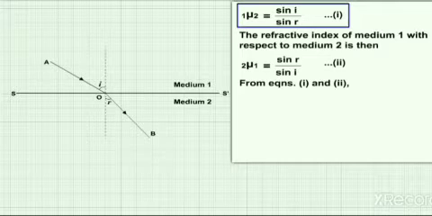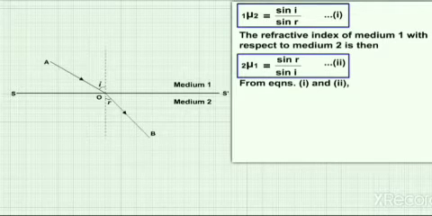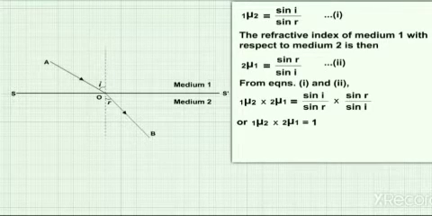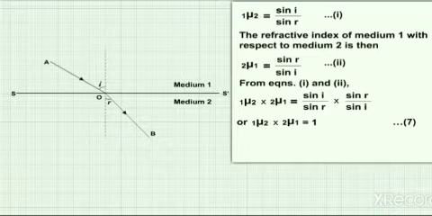From equations first and second, mu21 into mu12 is equal to sine I upon sine R into sine R upon sine I, or mu21 into mu12 is equal to 1. Let this be equation 7.